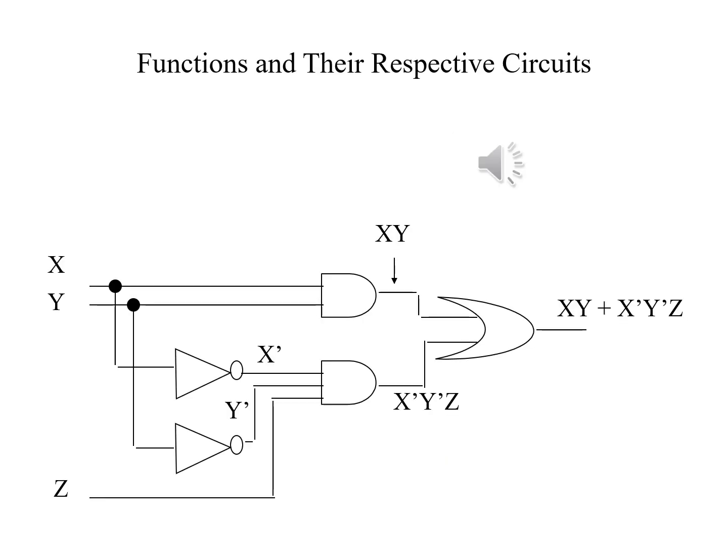Here you can see the circuit for a given function. You'll notice that there is a line coming out of both x and y that goes into a gate, and what's marked coming out of it is xy, because both x and y are going through an AND gate.